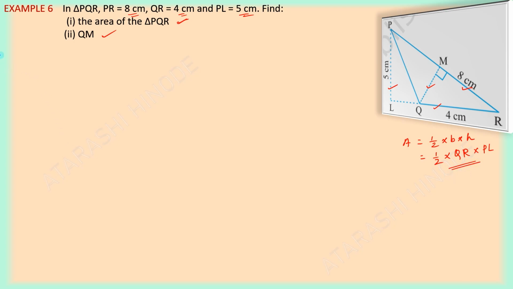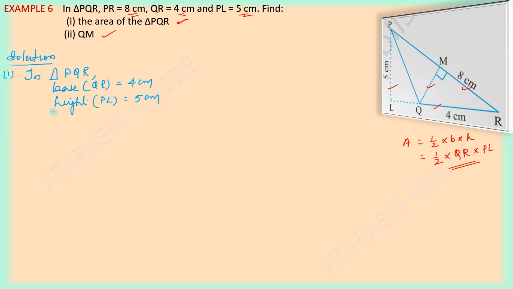So let us write. In triangle PQR, base, that is QR, equal to 4 centimeters. Height, it is PL, that is equal to 5 centimeters.